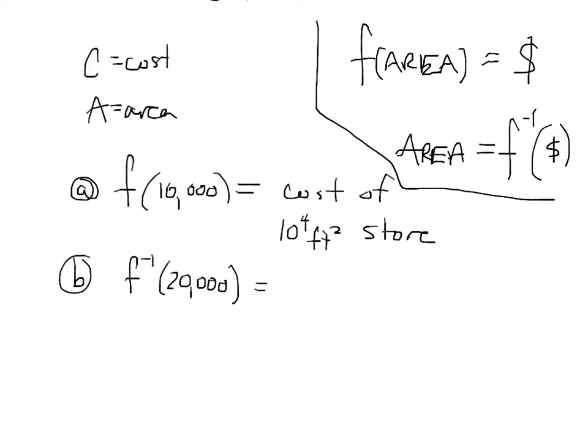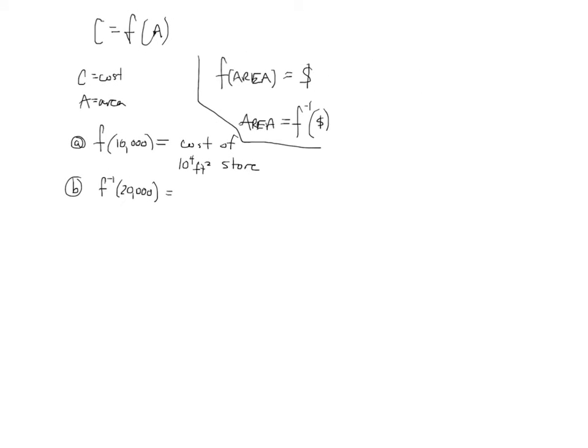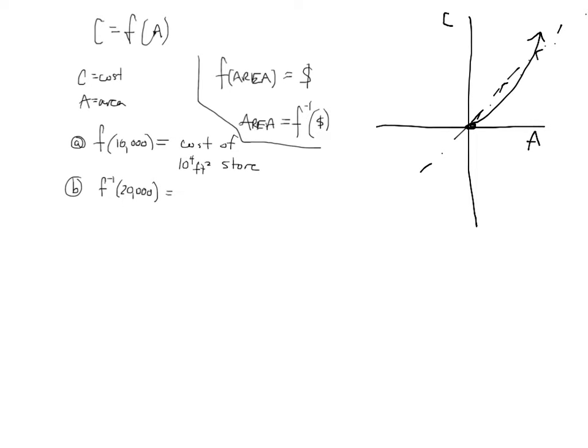Because if I'm graphing area versus cost, and presumably my function goes up, and I want to graph the inverse function, I don't do this, because now the inverse function as graphed would indicate that it would take area as an argument and output cost, and it doesn't.